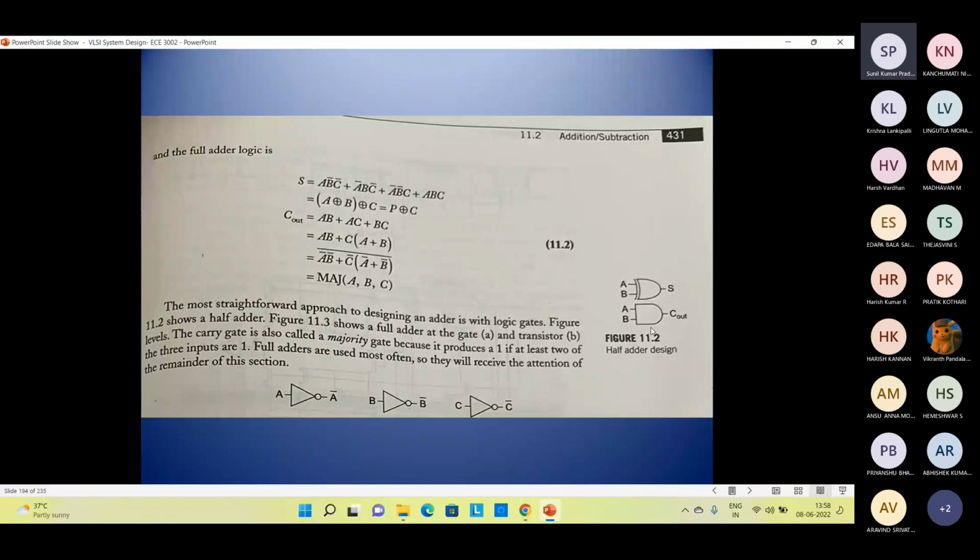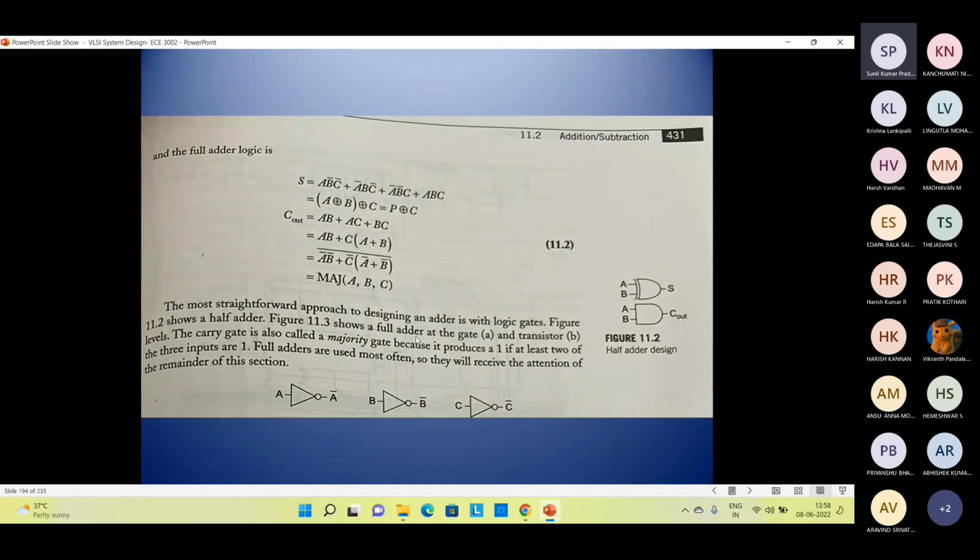Okay, so this is the XOR operation between two inputs A and B. This is the sum, and this is the AND operation between two inputs A and B. So the XOR operation between the two inputs A and B gives the output sum, whereas the AND operation between A and B gives the carry out, which we also call C out.